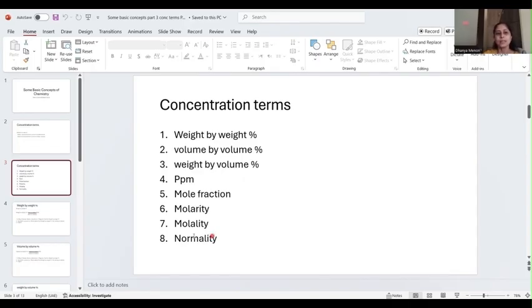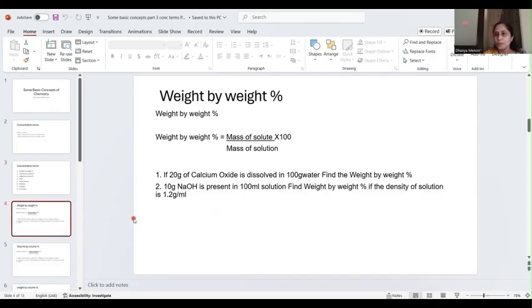Now, coming to the first one, weight by weight percentage. These are small terms you need to know in order to solve different questions.